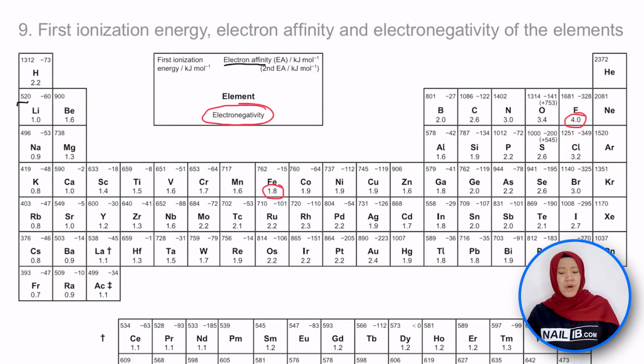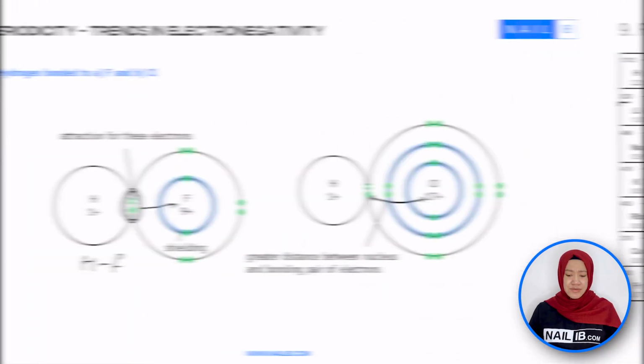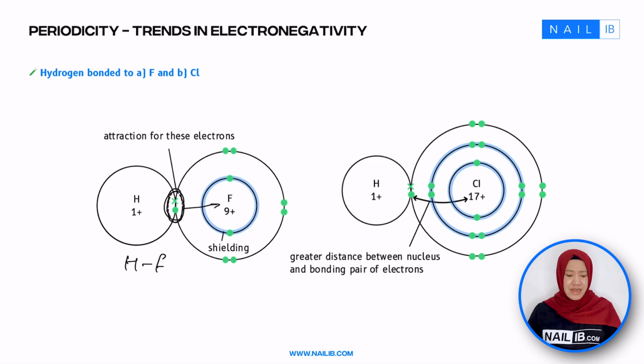Right. So why is F more electronegative than Cl, more than Br, more than I? The key here is, when F wants to attract the pair of electrons, the attraction will be stronger when the atomic radius is smaller. So for example, F has a smaller radius than Cl, which has 3 shells.